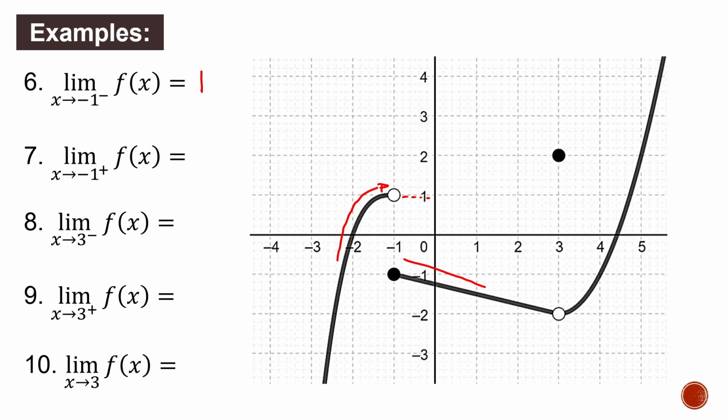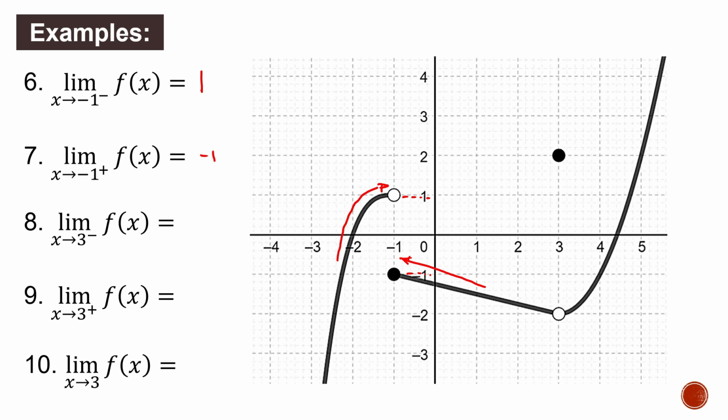So that means this, that's negative 1. So we can conclude here, it's not a problem, but let's say we want to find the limit of f of x as x approaches negative 1. It's not going to exist because the left hand limit and the right hand limit of the function as x approaches negative 1 are not going to be equal.